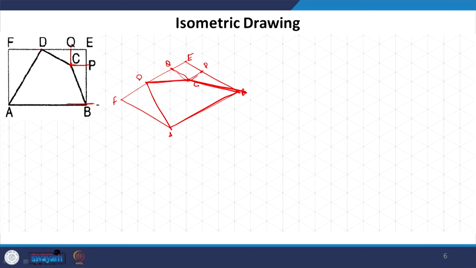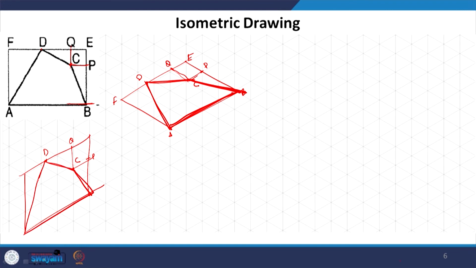This is what the final isometric drawing of this quadrilateral is going to be under this condition. The same you can do if it is kept in another orientation. So, you arrive at D, Q, P, come here, C, join them, simple.